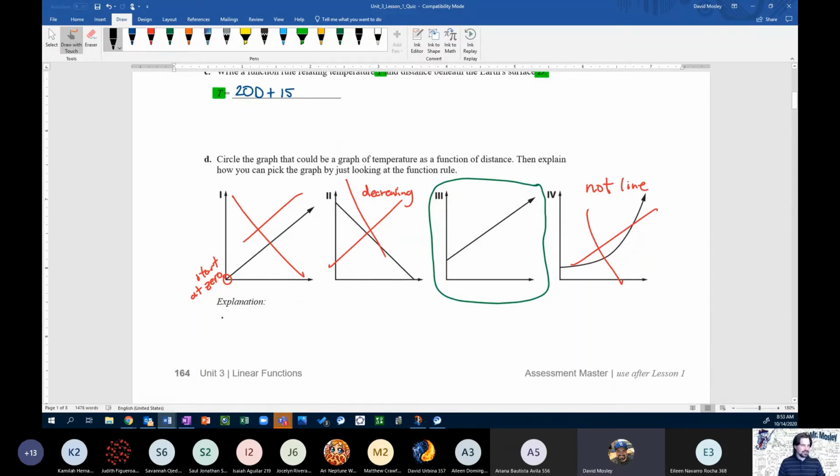So the explanation is, graph 3 is increasing and starts at a value greater than 0.